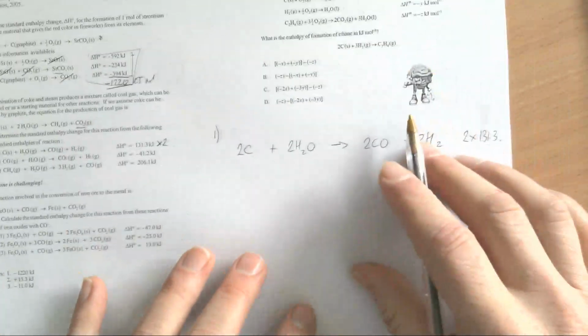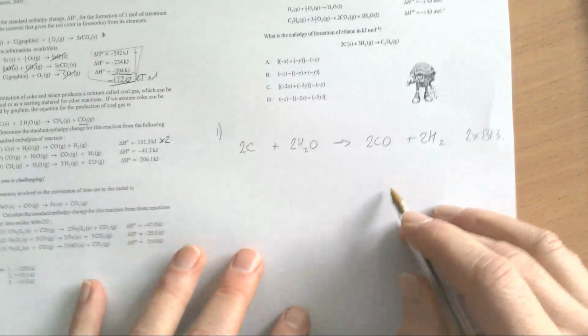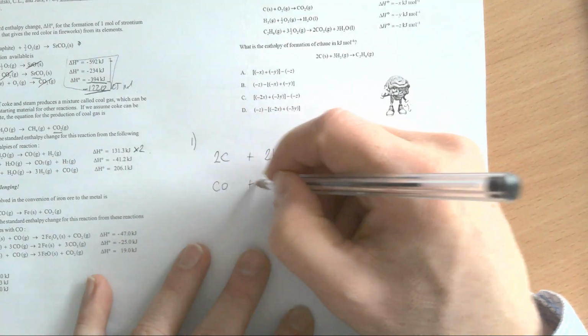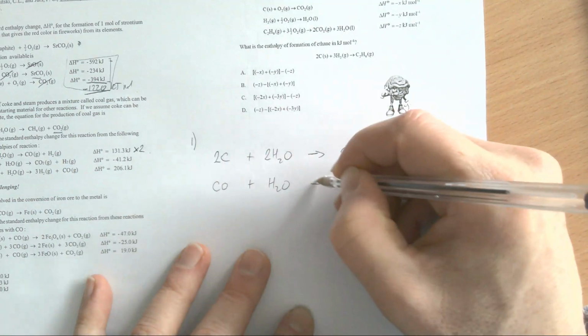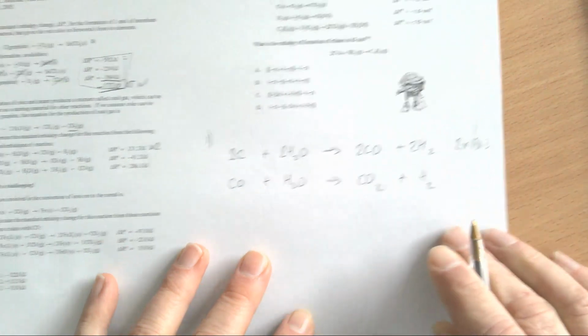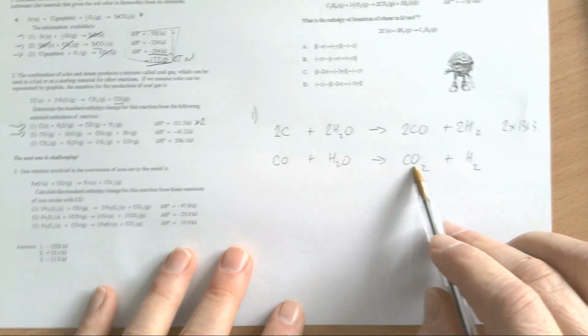So that reaction must also go in the forward direction, but it's only multiplied by 1. So that's carbon monoxide also reacting with steam to give carbon dioxide and hydrogen. So we've now generated 3 moles of hydrogen, 1 mole of carbon dioxide.